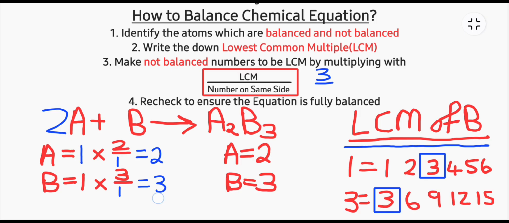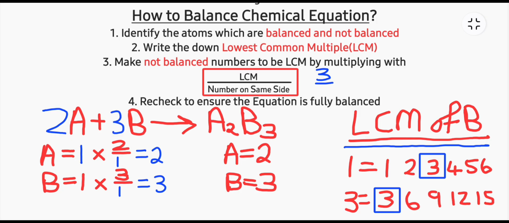Now that the LCM is fine, I'm going to take this part. So what is 3 over 1? 3 over 1 will give you a 3. So it means I will multiply a 3 in front there. So it's a 3 there.